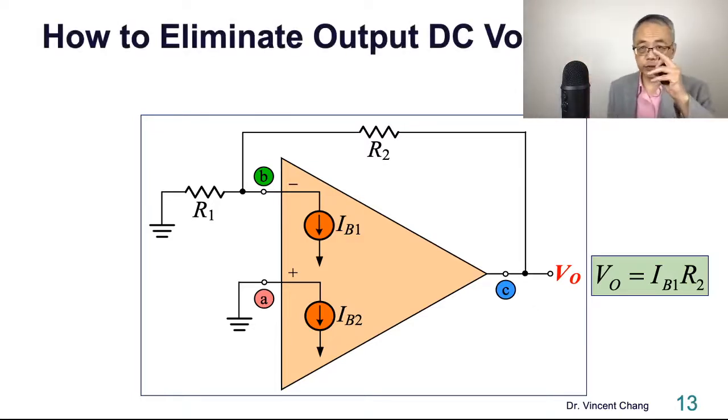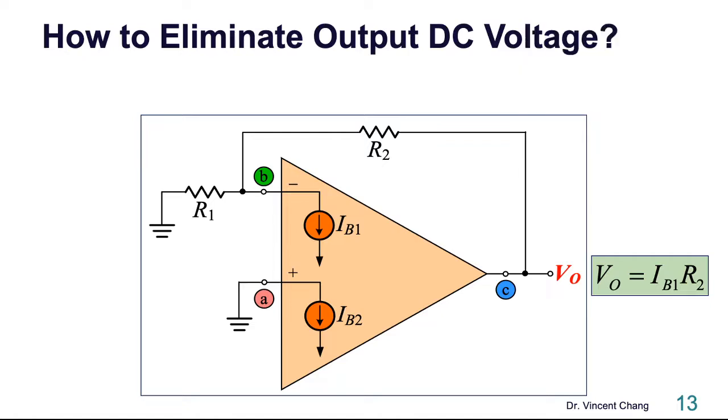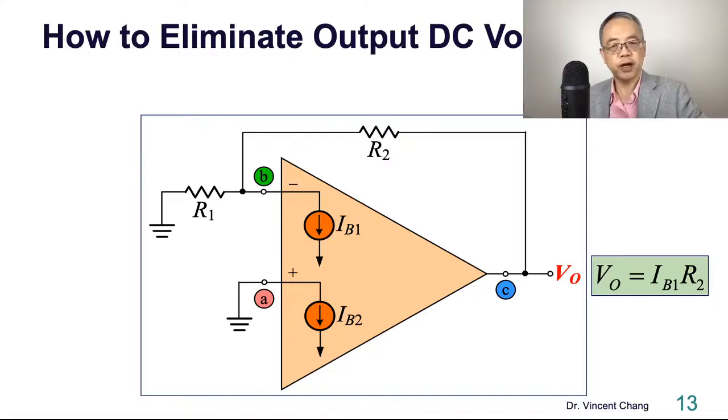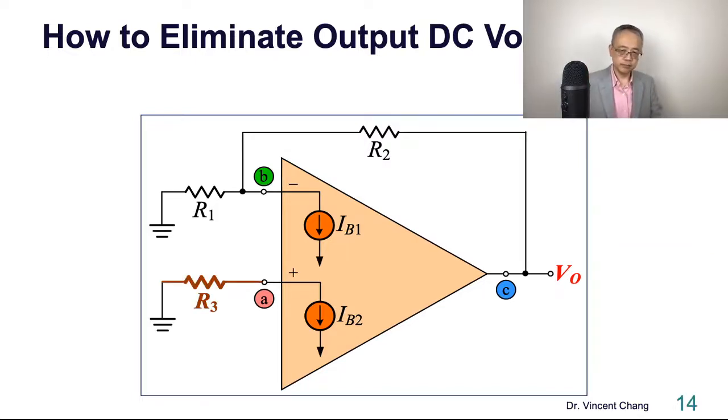The issue is how to eliminate the output DC voltage caused by the input bias current. So we use an additional compensation resistor R3.